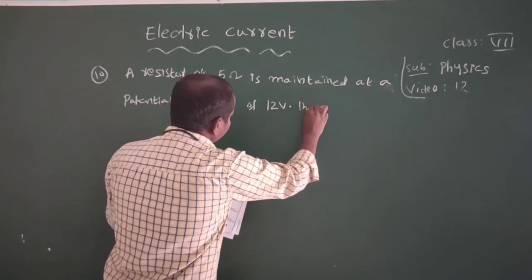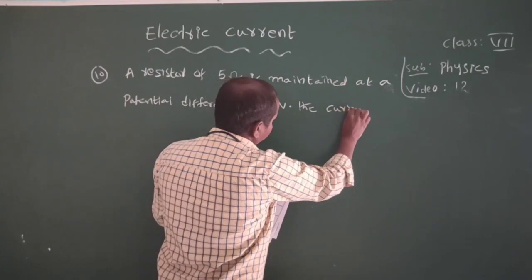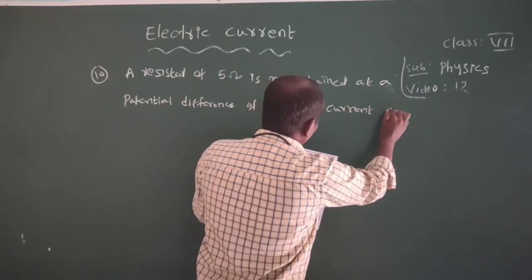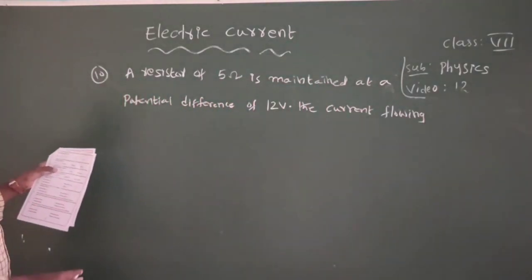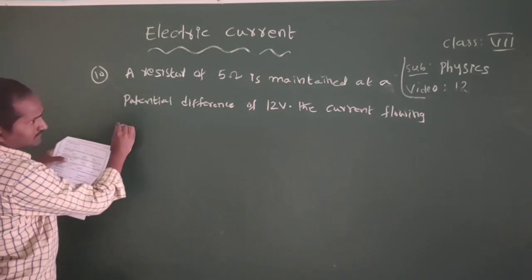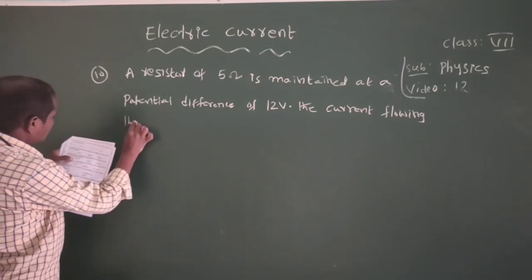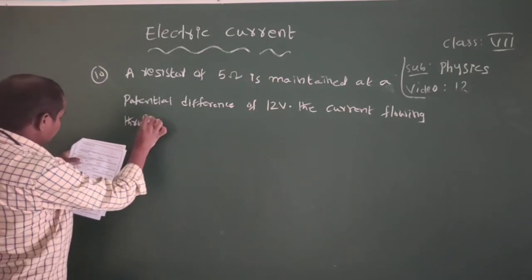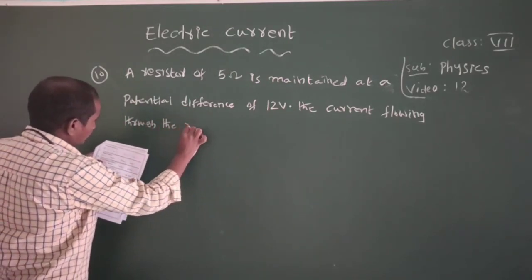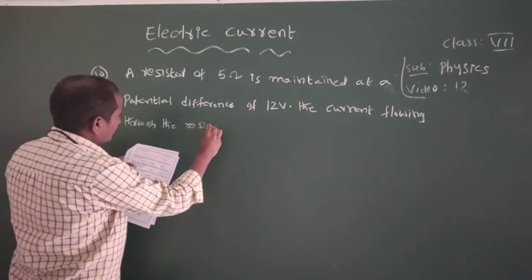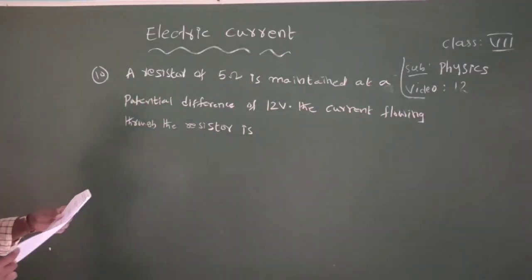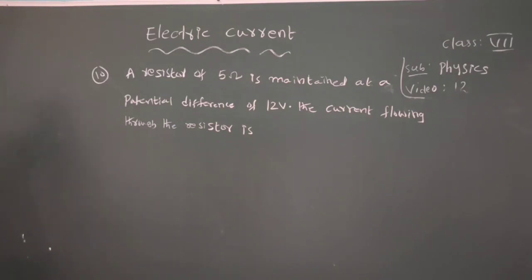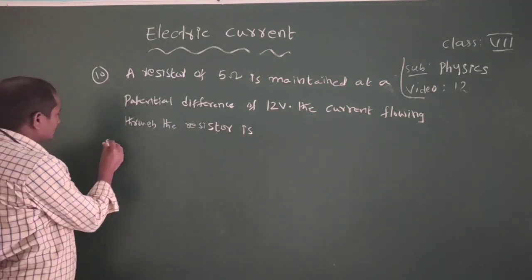The current flowing through the resistor is?